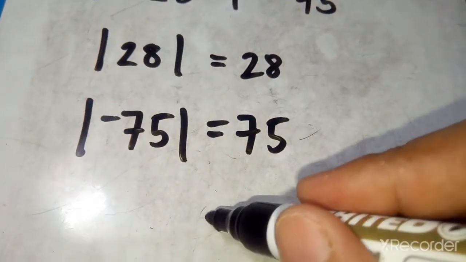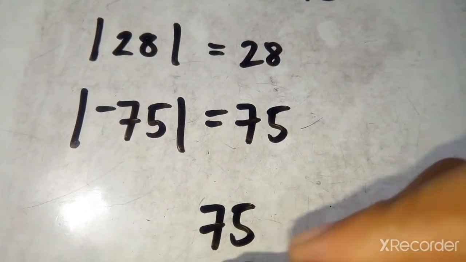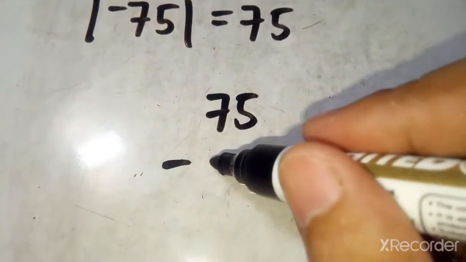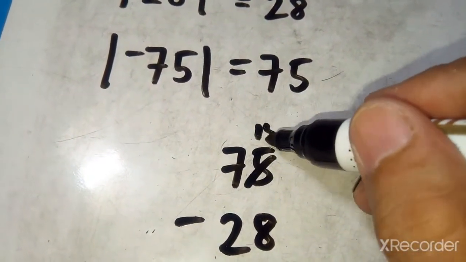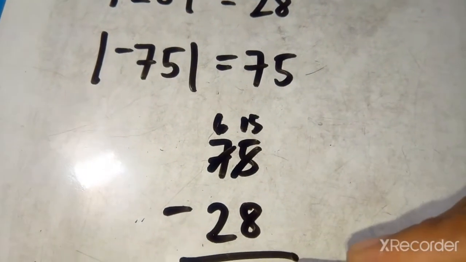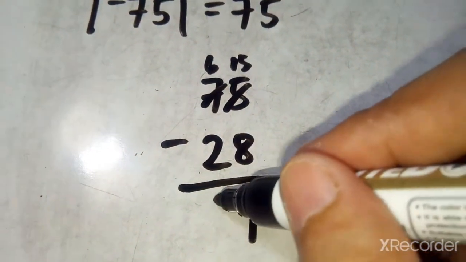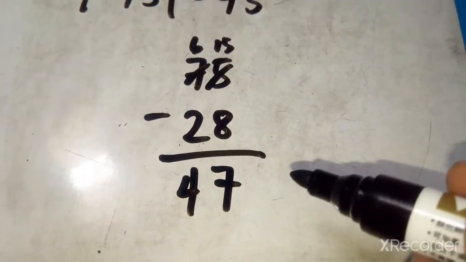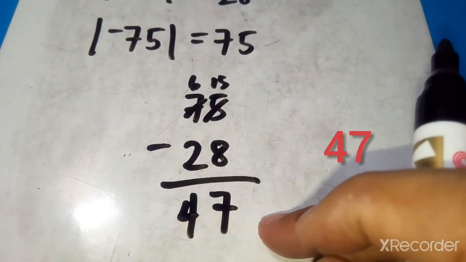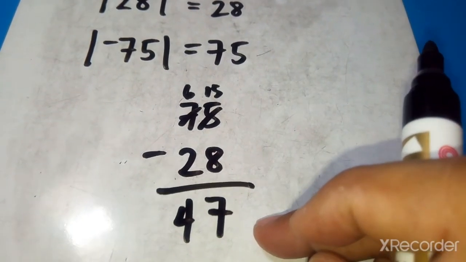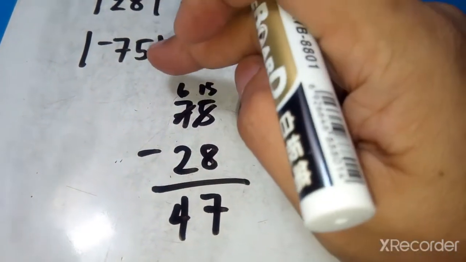So that's 75 minus 28 equals, so this will become 15, this will become 6, and this will be 7, this will be 4. Okay, the sign of this 47 will rely on the integer with the greater absolute value, and that's negative.